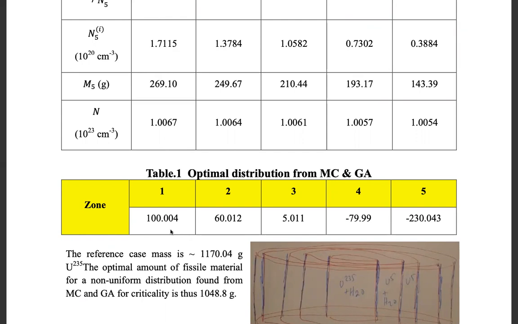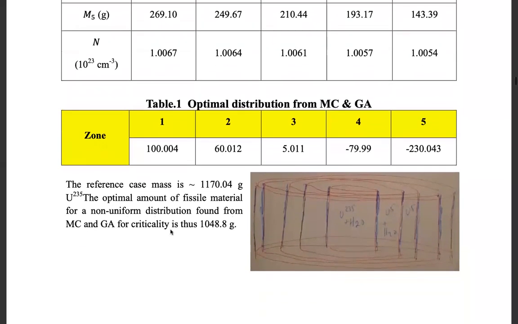Now, when you have this kind of a distribution, you reduce the mass in this particular configuration. You reduce the mass from 1170 grams, which you had in the reference case, down to 1048.8 grams. Now, that is just by distributing the fuel like this.